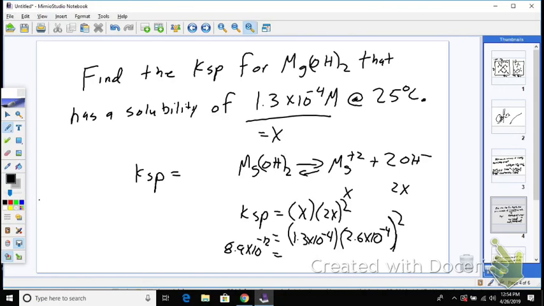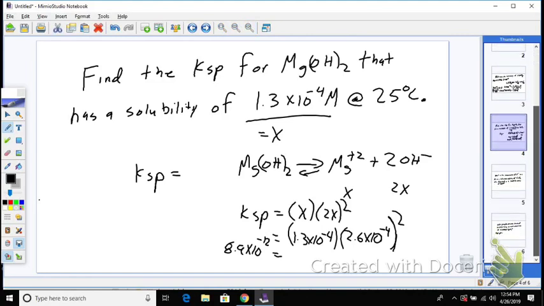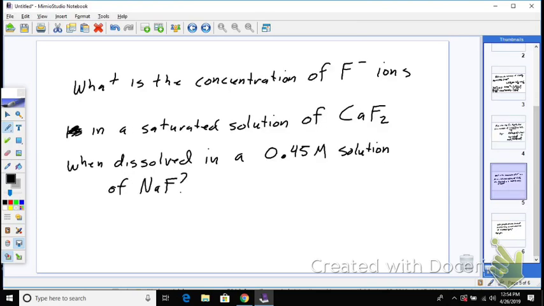Okay. One last problem. I won't show you the last one because it's going to take a little bit more time than we want to spend on it today. This is what's called the common ion effect. Sometimes if they want to reduce an ion present in a solution, they'll introduce a different solution.